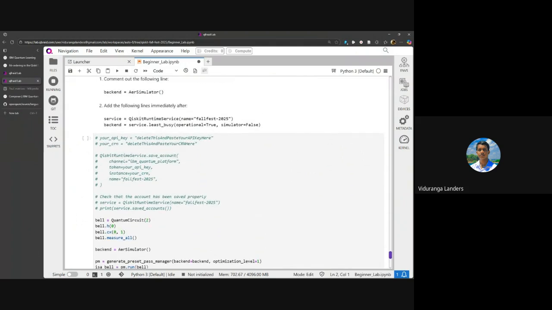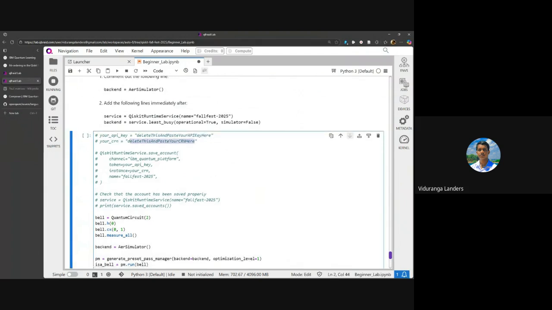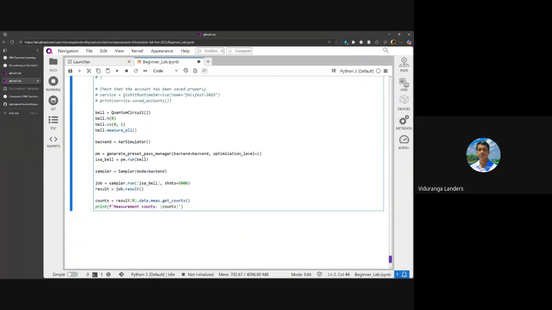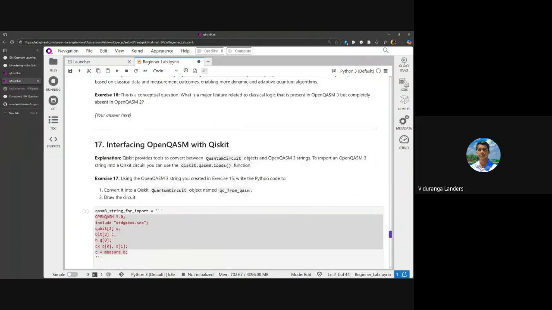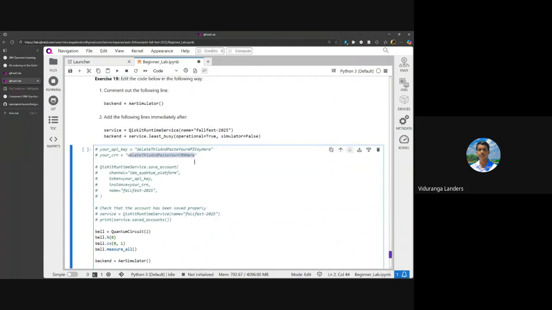It is fairly straightforward. You can add your API keys here and execute it. Since this will take time anyways to get the result back, I'm not going to run it now. So that covers our first notebook.